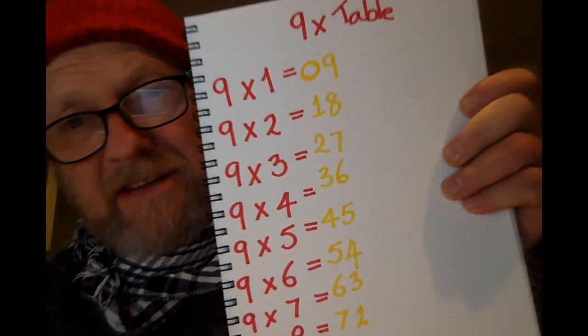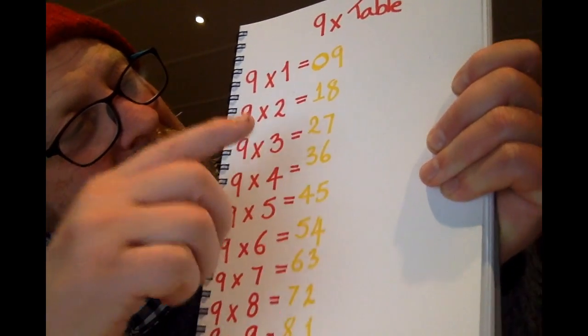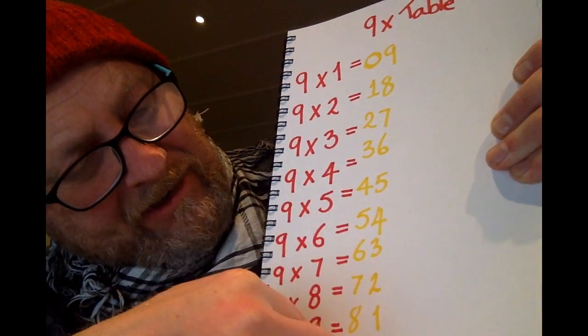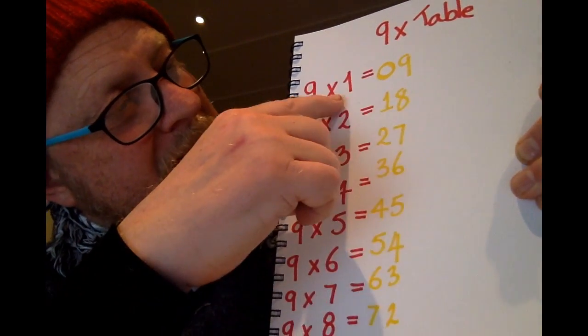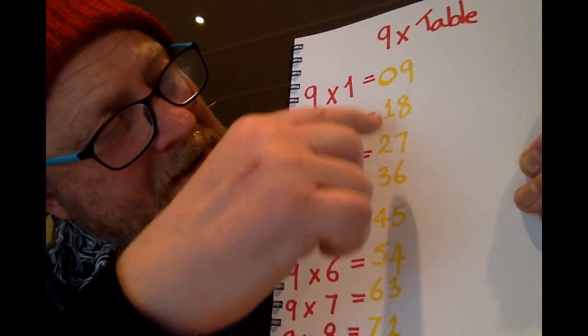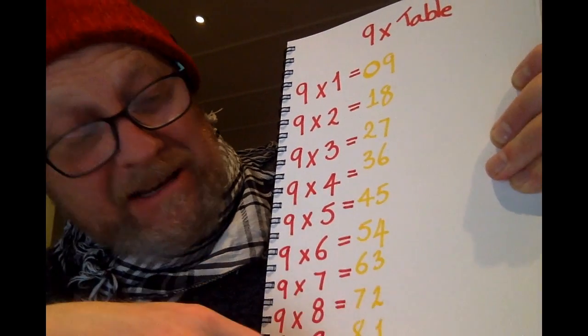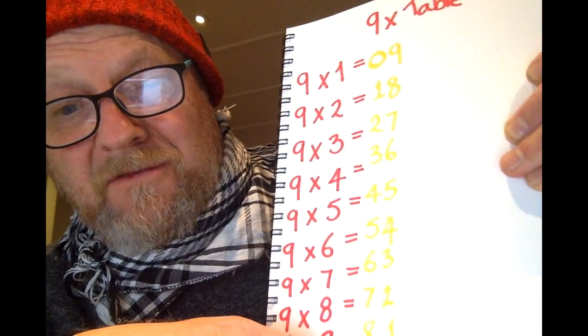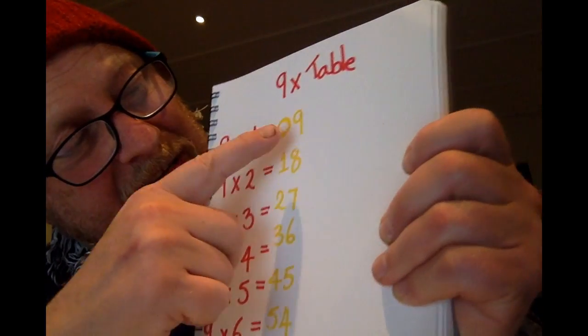Another one is your 9 times table. And I've done this by simply writing the equation out and then doing the numbers 0 to 9 down from top to bottom. So 9 times 1, 0, 1, 2, 3, 4, 5, 6, 7, 8, 9, and then doing the same, but this time from bottom to top. 0, 1, 2, 3, 4, 5, 6, 7, 8, 9.